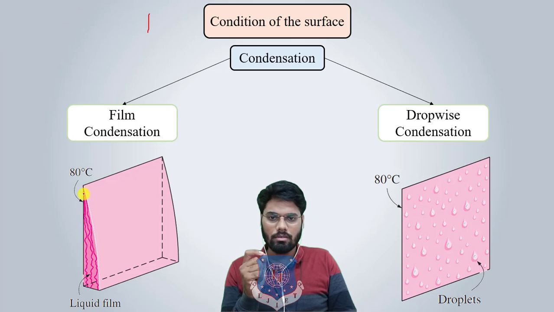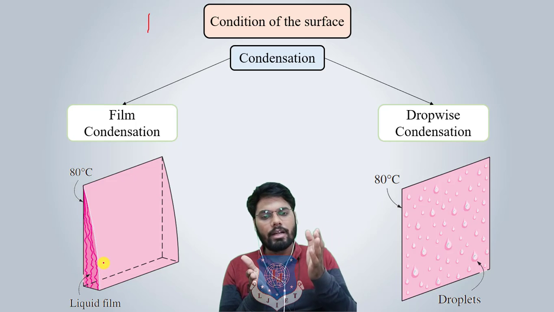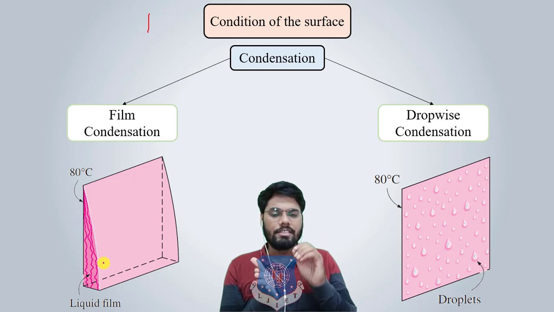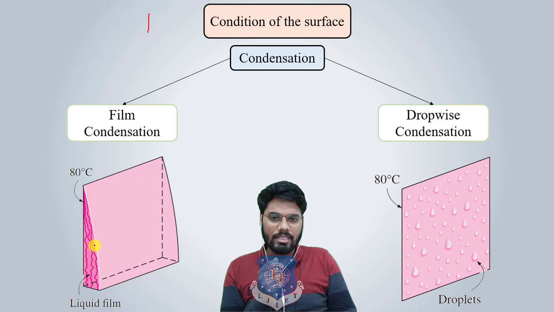Now as more vapor condenses on the surface, the thickness of the film will increase, and due to the effect of gravity, that film will flow in the downward direction. Here we can see the thickness of this film, which is flowing downward.